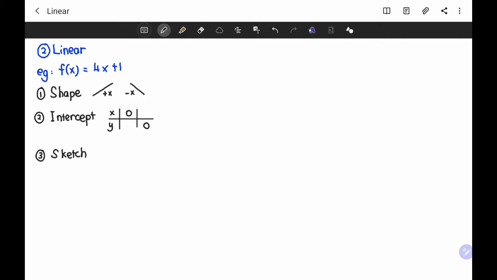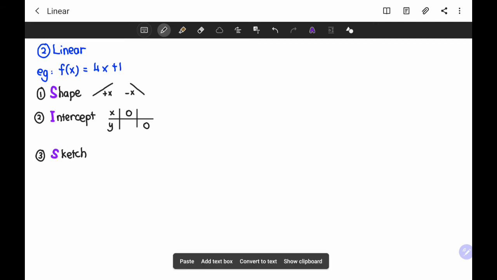Okay, so nak senang, kamu ingat kalau linear kita gunakan kaedah SIS. S-I-S, sis. Ingat dia punya shape, intercept and sketch. Okay, intercept ni kamu kira guna calculator pun boleh. Tak payah tunjuk dalam kerja pun tak apa. Tak ada markah pun.